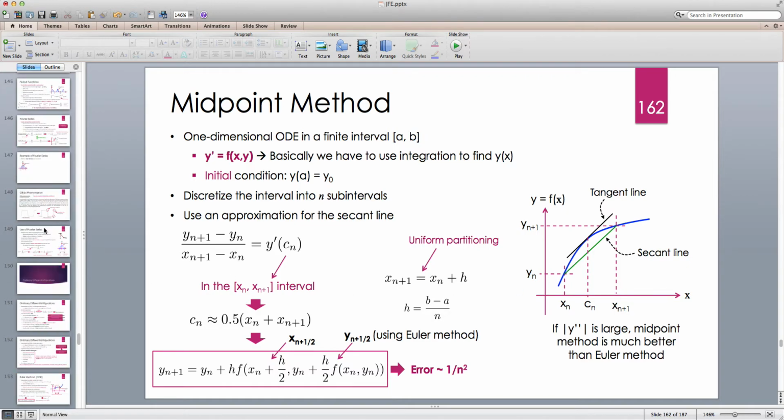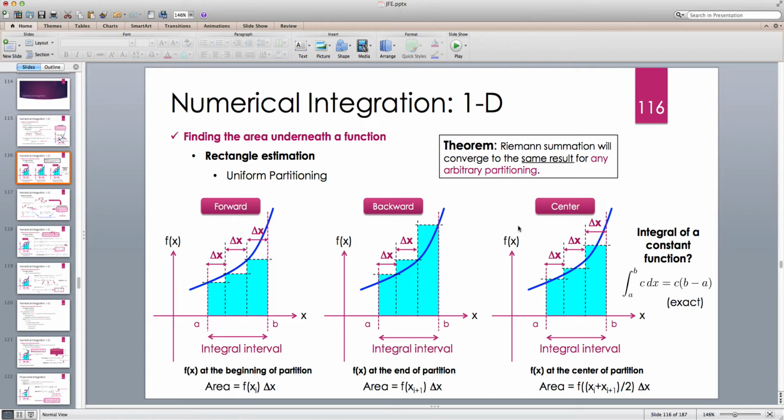And that's exactly the midpoint approximation for the numerical integration. That's why that method is called midpoint method. Because when the function doesn't depend on y, we end up exactly with this numerical integration for the midpoint. And we mentioned that the midpoint or center approximation of the integral does in fact have an error which is h squared or 1 over n squared.